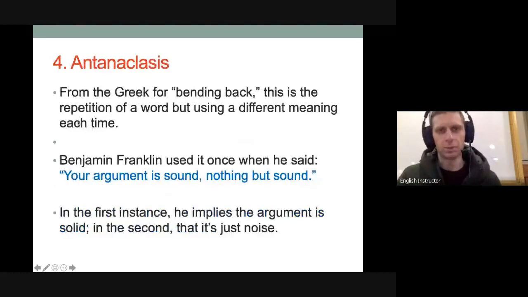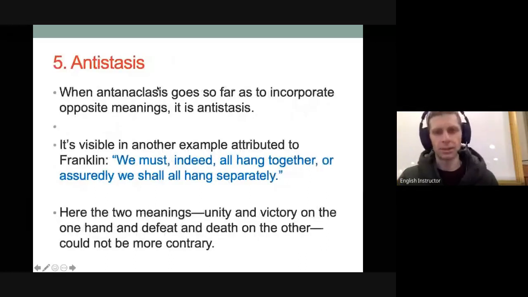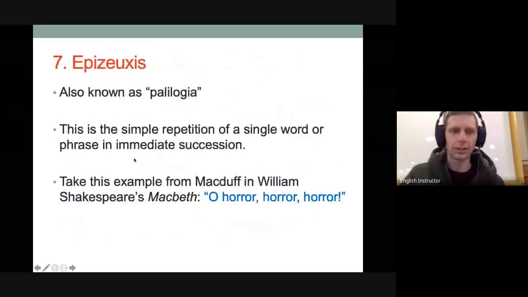And then we get into some of these other more specific and more difficult literary devices. So we have the idea of antanaclasis, and antistasis, negative positive restatement, and then epizeuxis. So again, I'll leave these in here for you guys to look at.